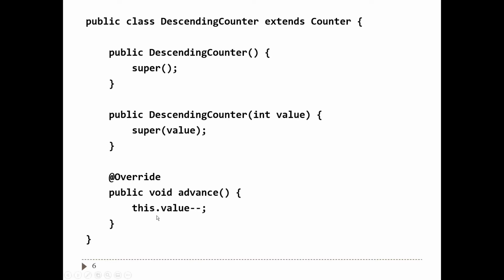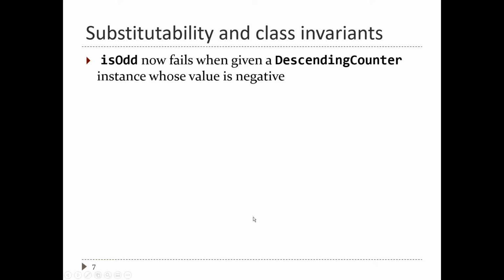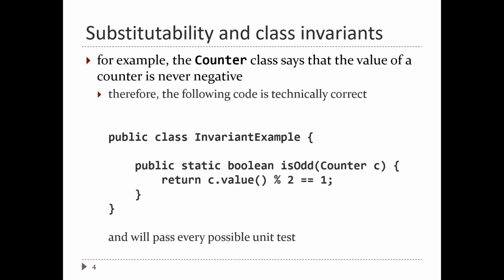Now, the value of the counter can obviously become negative in this case. So the method isOdd now fails when given a descending counter instance whose value is negative. And so the problem that's occurred is that a class and its method that were thought to be correct suddenly fails when given a subclass that doesn't respect the invariant of the counter class.